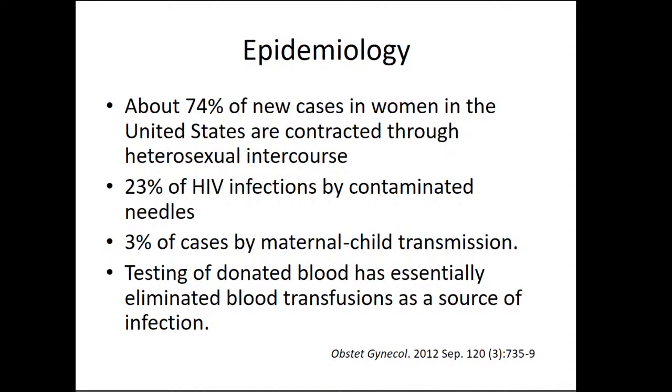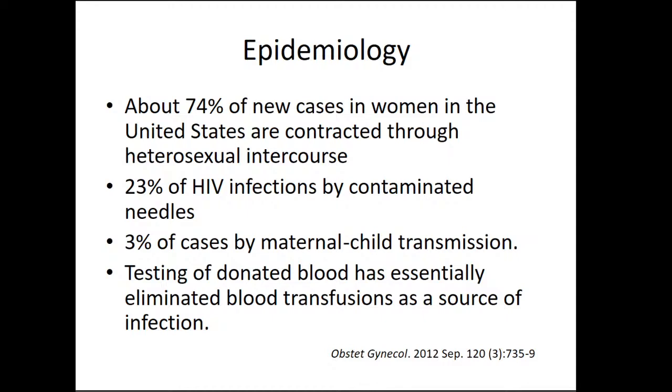74% of new cases in women in the United States are contracted through sexual intercourse, heterosexual intercourse, and 23% of HIV infections via drug paraphernalia, contaminated needles. And only 3%, thank God, are caused by mother-to-child transmission.